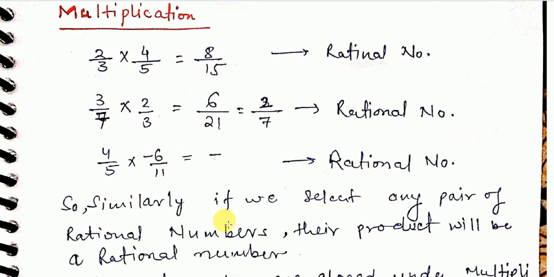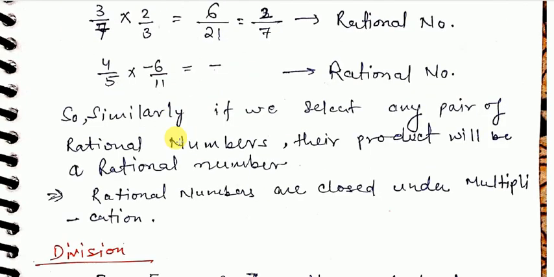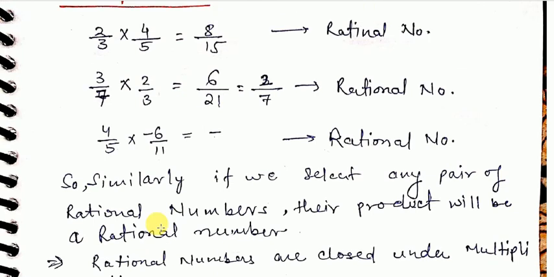Similarly, a similar result will be found for multiplication operation. Rational numbers are closed under multiplication because the multiplication of two rational numbers will always be a rational number, like these examples shown here.